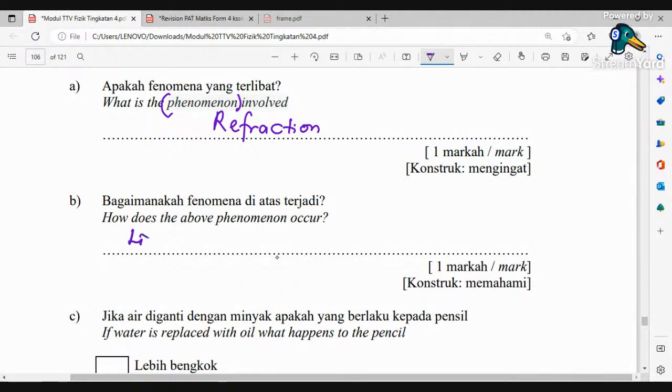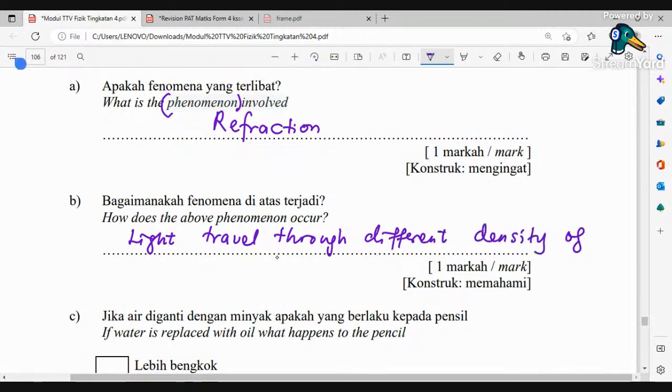Okay, light travel through different medium and speed change.